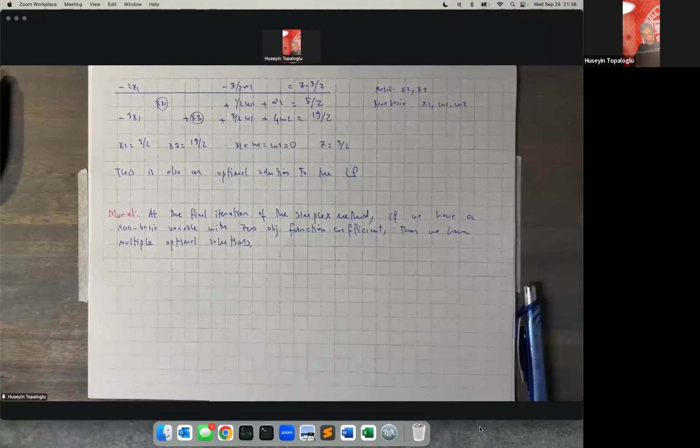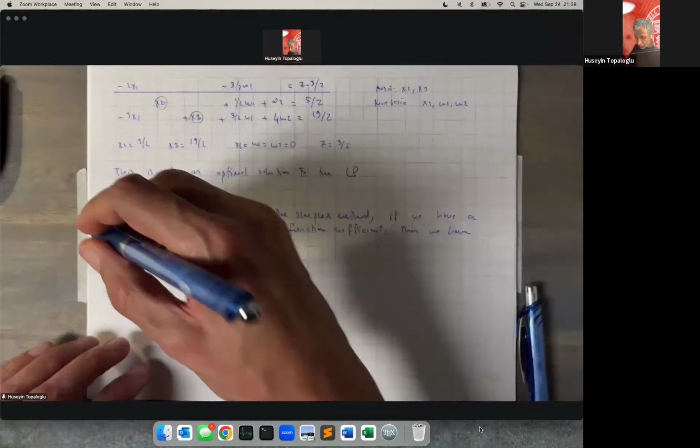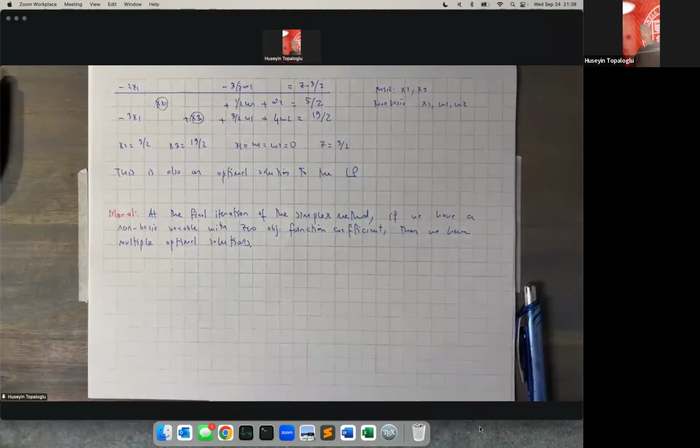Good. That's the moral of our story. Increasing that non-basic variable does not improve the objective value, but it doesn't make the objective value worse either. So if you go ahead and increase that non-basic variable, you reach another optimal solution. So our problem has multiple optimal solutions.